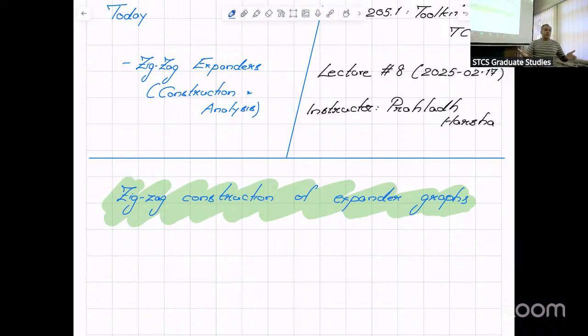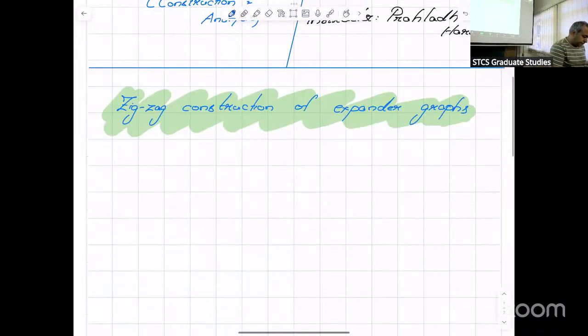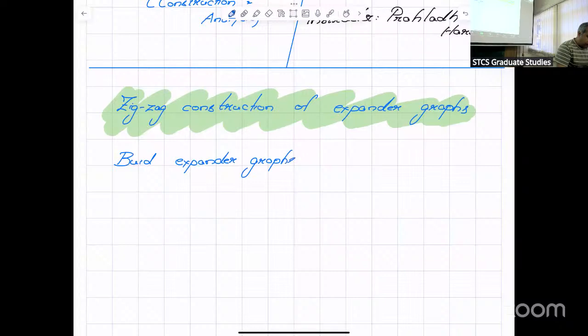We'll use this as a base step and induct on this to build larger and larger expander graphs from scratch.